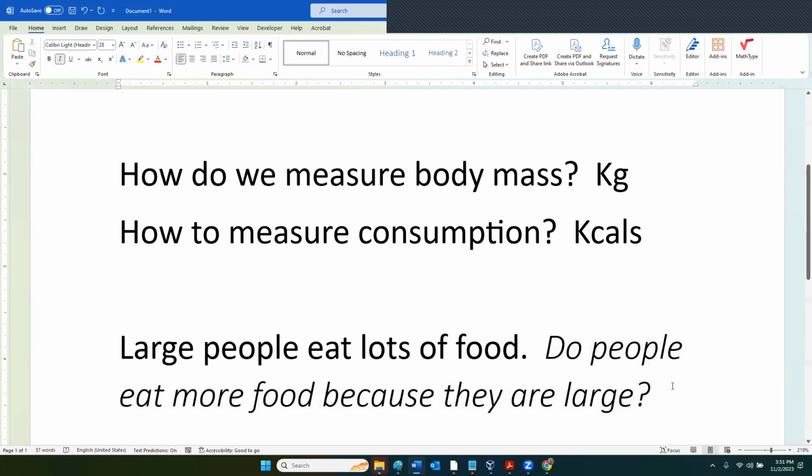I mean, you could also say that do people like smaller eat more food because they're small? Right? There's a correlation, right? So do people eat less food because they're small, right?